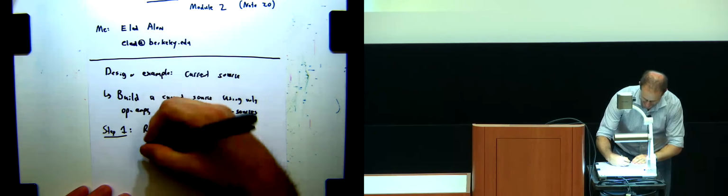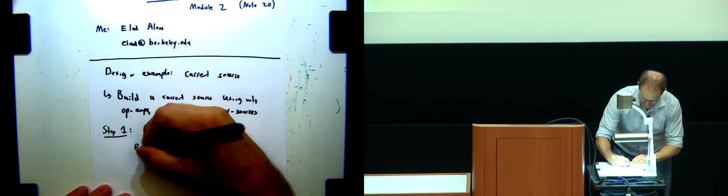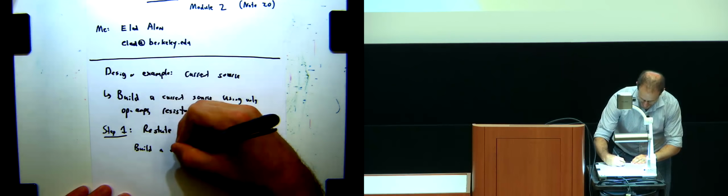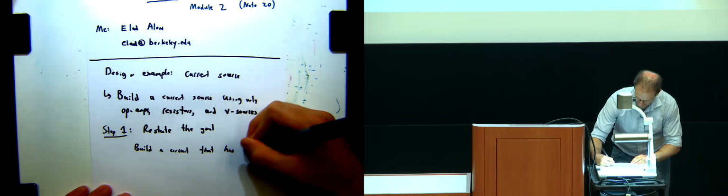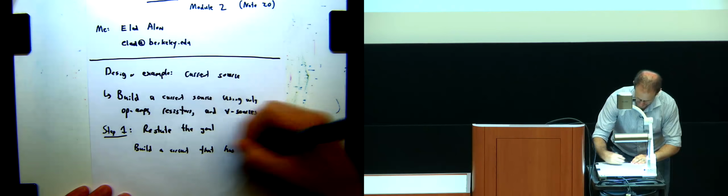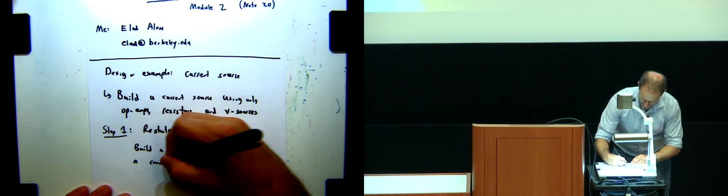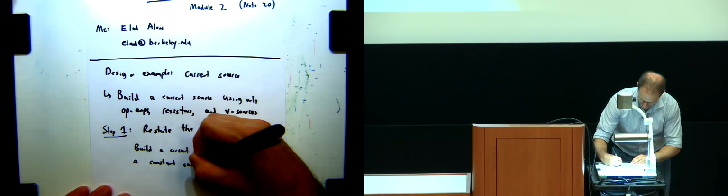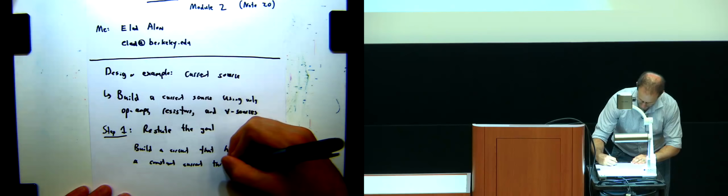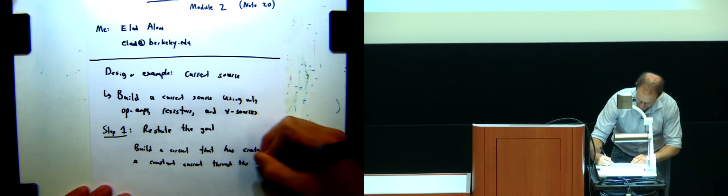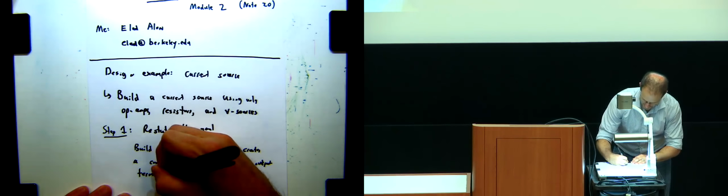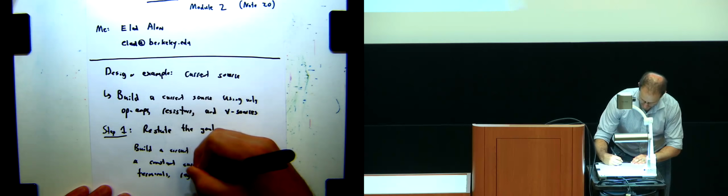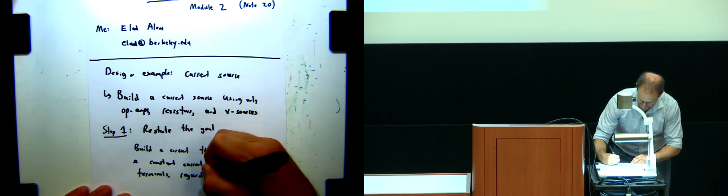Bingo, exactly. So if I want to build a current source, I want to build a circuit that creates a constant current through the output terminals regardless of what that voltage on the output terminals is.